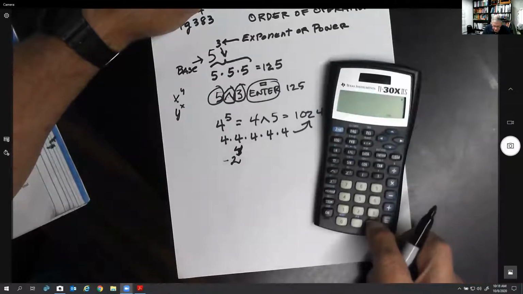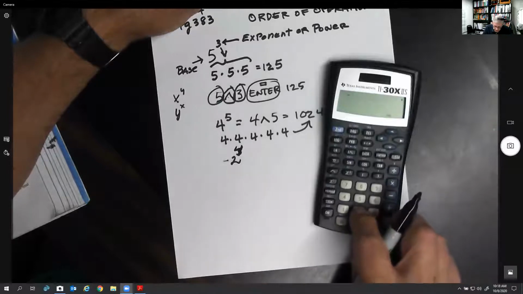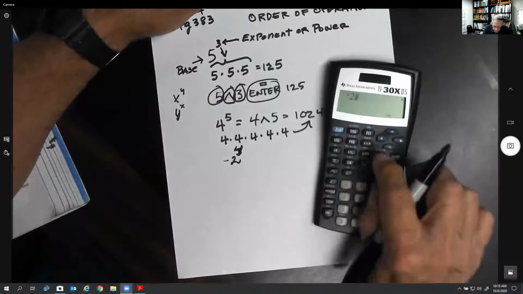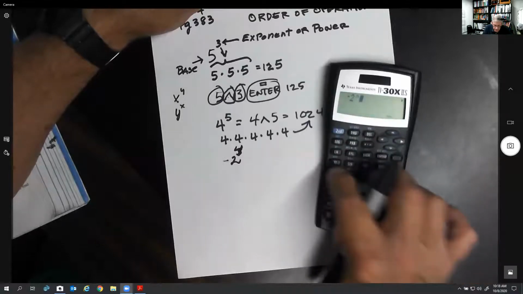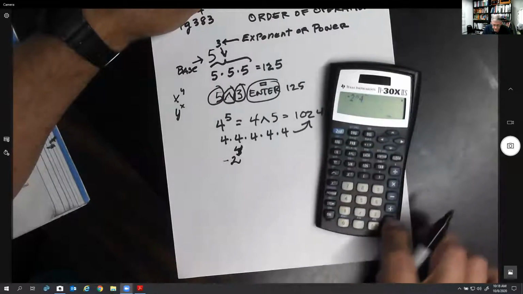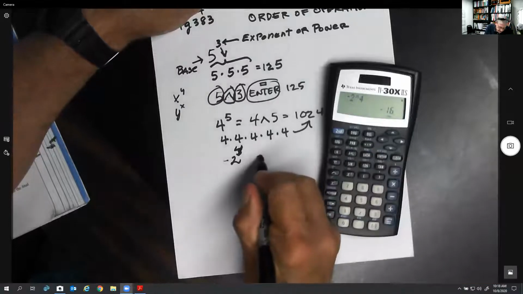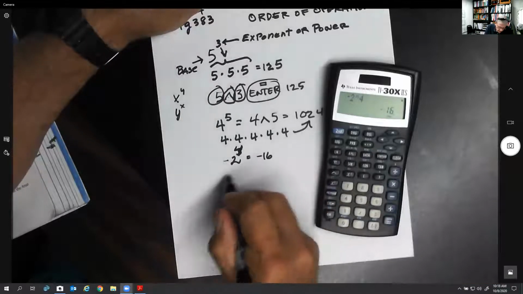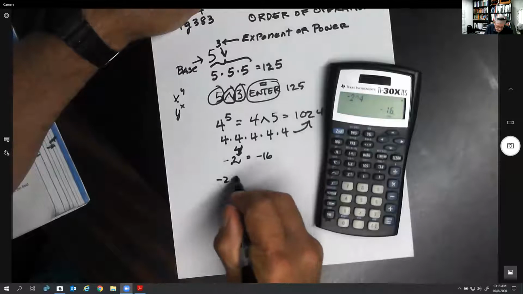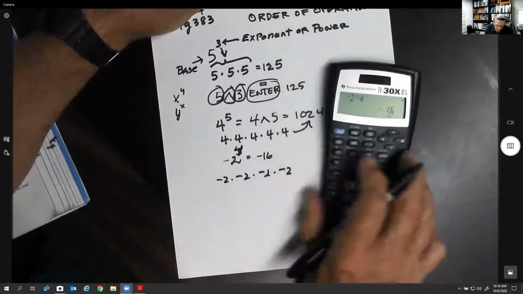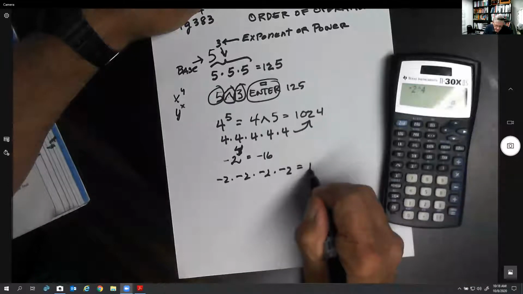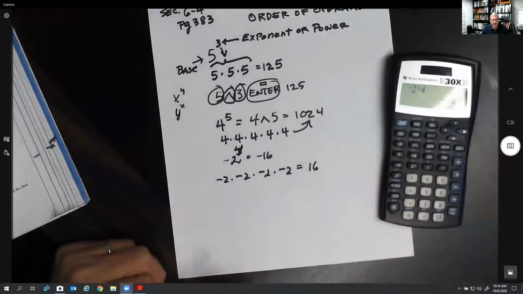You want to hit the negative sign. 2 raised to the 4th. Negative 16. But I thought a negative 2 times a negative 2 times a negative 2 times a negative 2 is positive 16. So what's going on here?